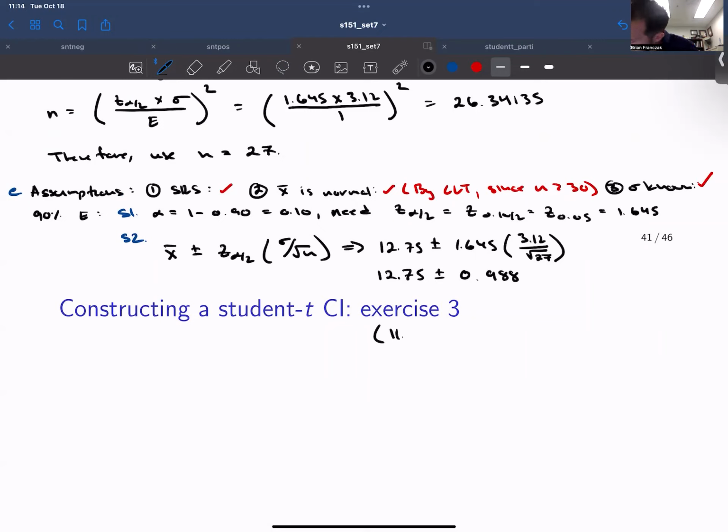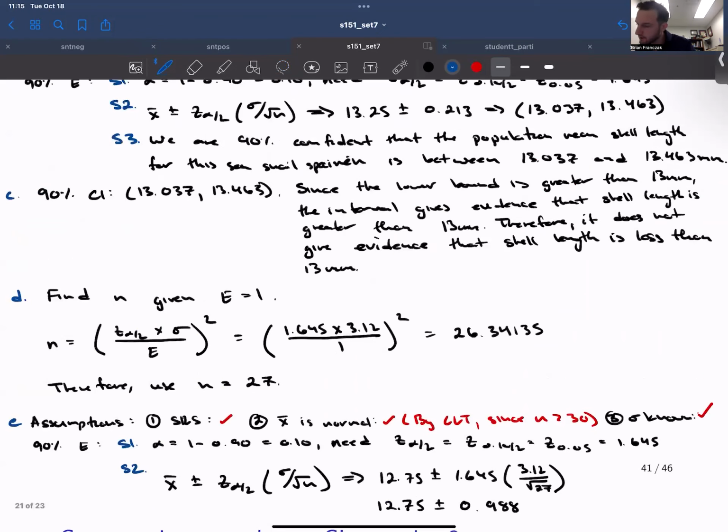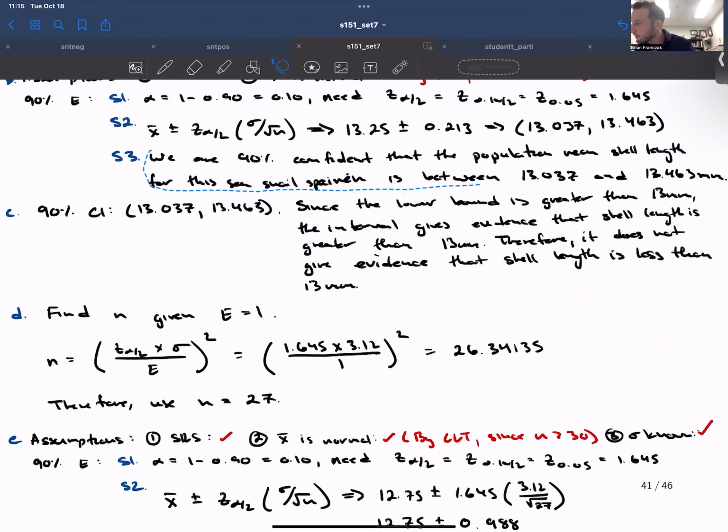Okay, and that means that our interval is going to be 11.762 to 13.738. Right. And then we would actually be able to borrow. So we're going to have the same interpretation that we had here, except that the values of the two bounds are now going to change because of the change in sample size.